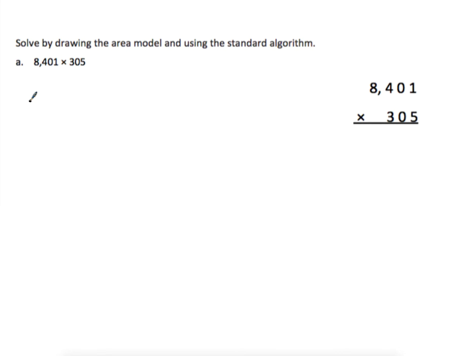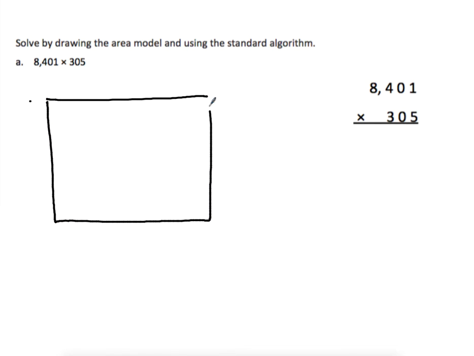8,401 times 305. If you're going to continue doing an area model for this, the area model is going to be pretty large. And I'm going to demonstrate that in this instance. I'll write the digits.